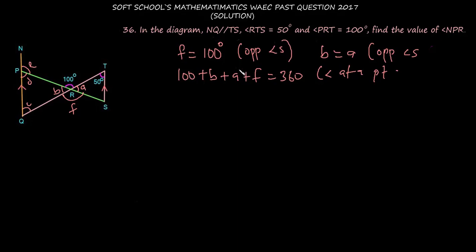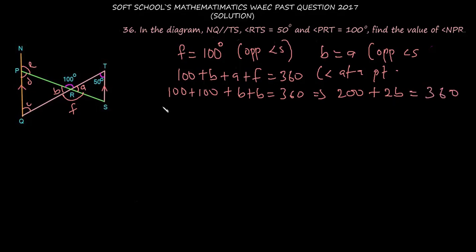We know F is 100, so 100 plus 100 plus 2B is equal to 360, which implies 200 plus 2B is equal to 360.